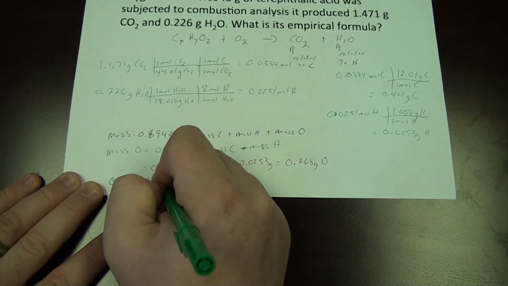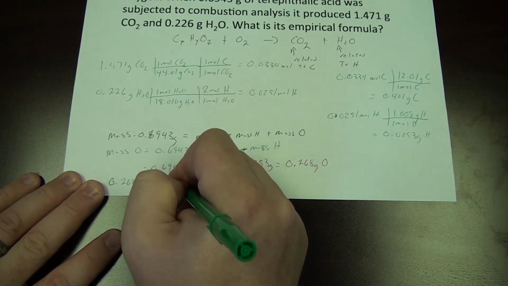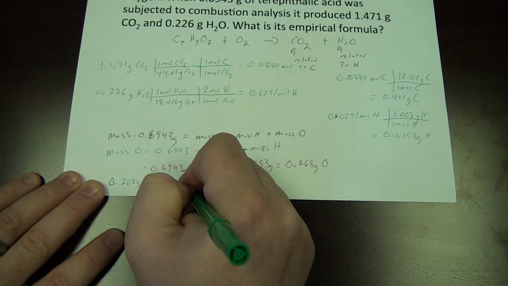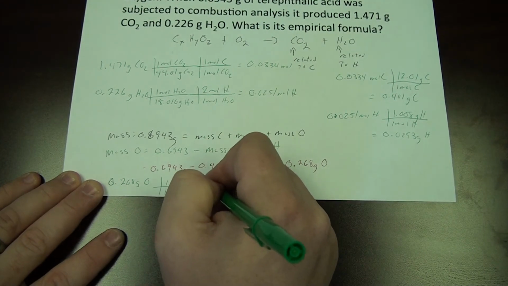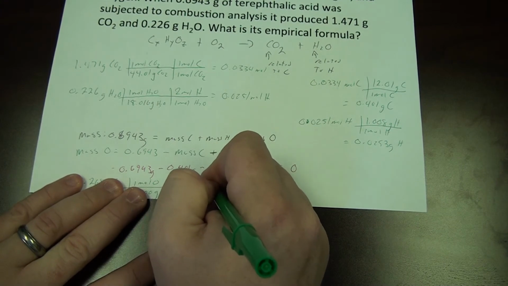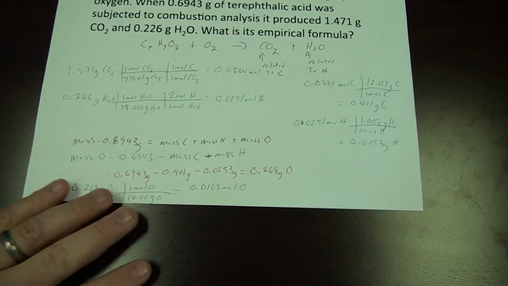0.268 grams of oxygen, just like up here, for every 1 mole of oxygen, we have 16.00 grams of oxygen, which gives us a molar amount of 0.0168 moles of oxygen. Right?